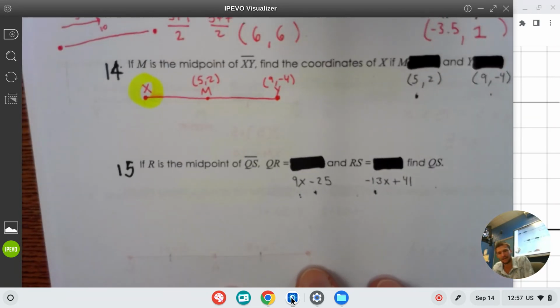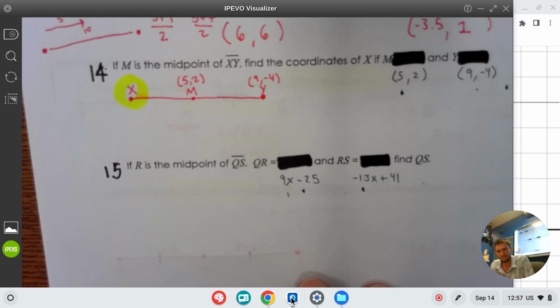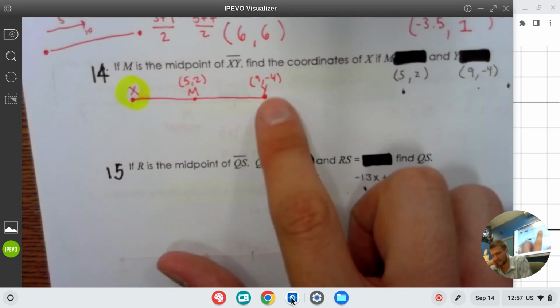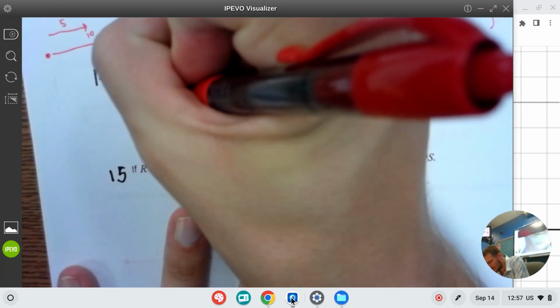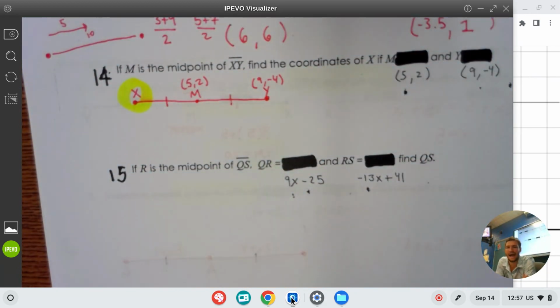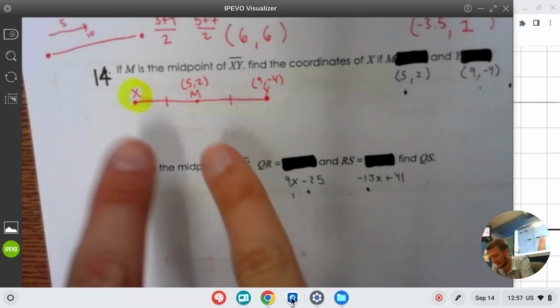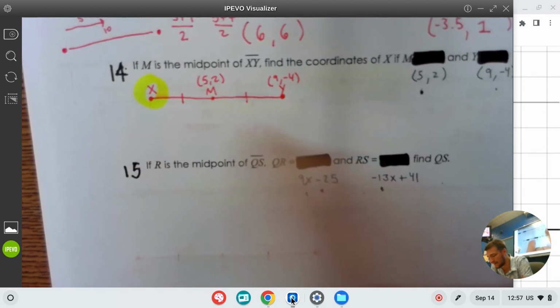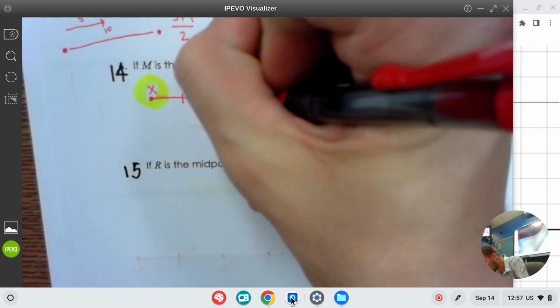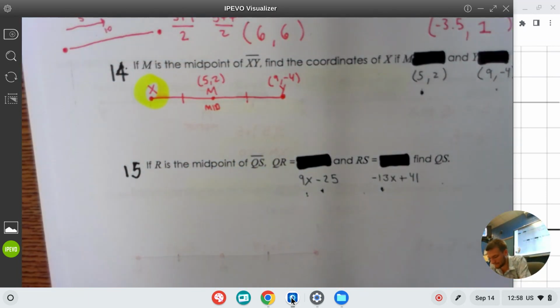These are the thinker questions, okay? We have the midpoint, we have the end, we're missing X. I can even put these little slashes or hashes to really make it clear that these are equal segments, because M is the midpoint.